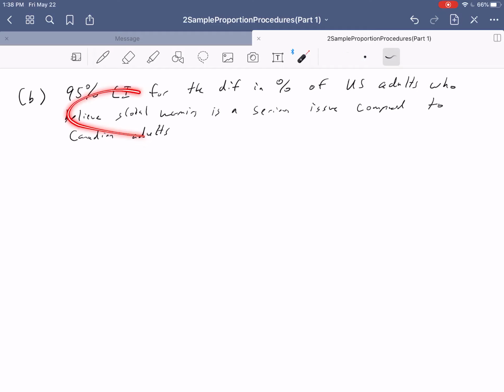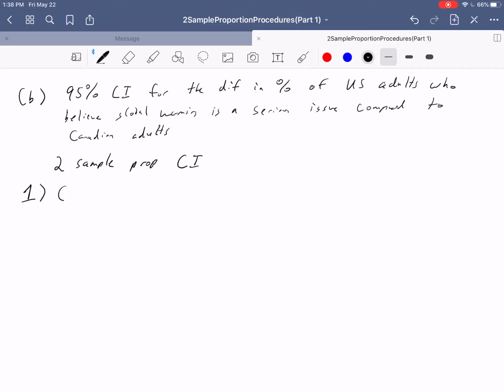Okay, so we are going to try to do that. And again, since it mentions percentage, we know that that's going to be one of our proportional confidence intervals. Since it talks about the difference in percentage, that's going to tell us that it's a two-sample proportion confidence interval.